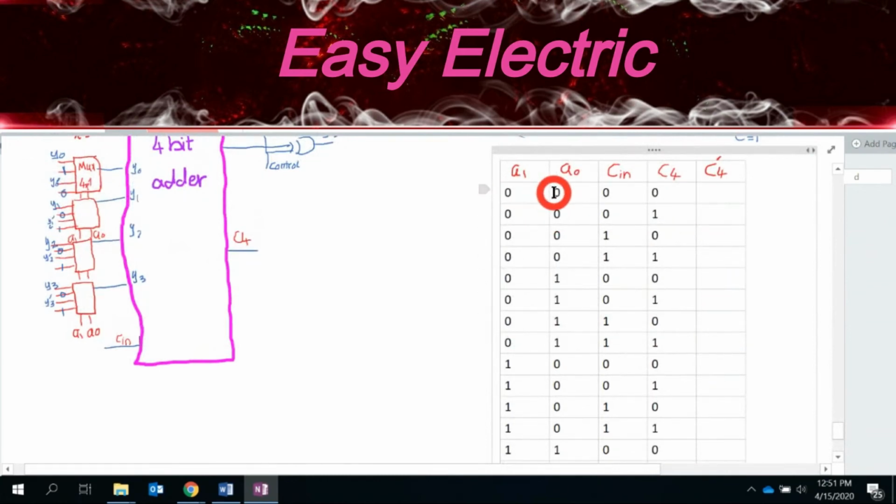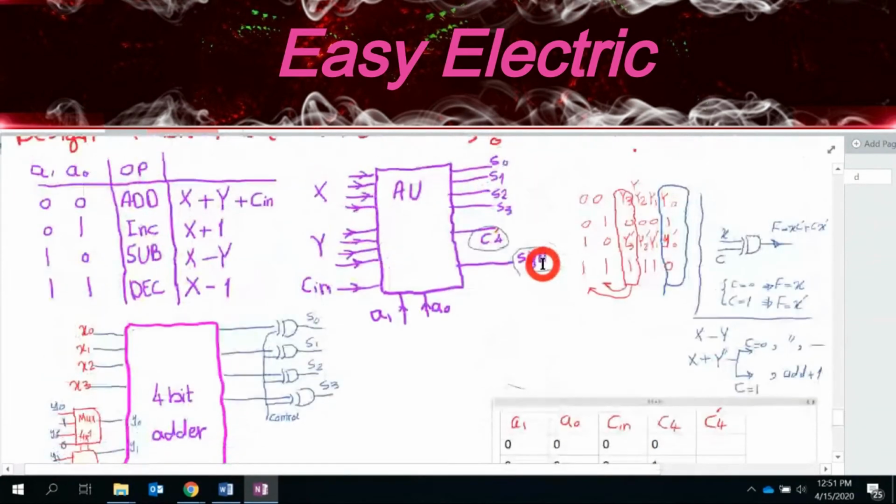So just consider whenever you have 0, 0. Back here, whenever you have A1, A0 as 0, 0, it is adder. So you need to say x plus y plus C in. So that means what you should have here for C prime 4 whenever you just add these two numbers.